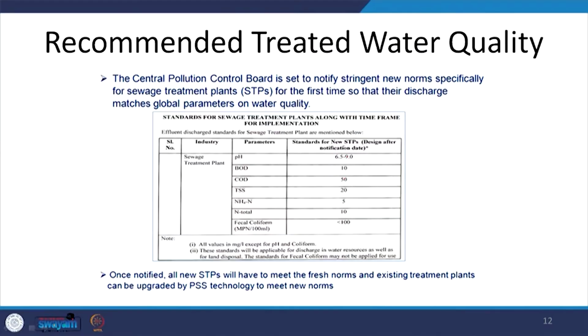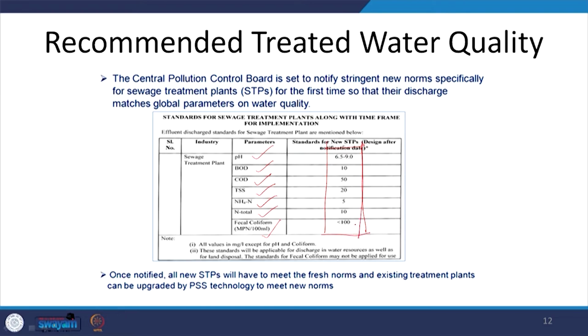So, CPCB clearly lists down these values of pH, BOD, COD, total suspended solids, NH4, the total nitrogen compounds and fecal coliform, which is calculated per 100 ml in most probable number. For each of these, CPCB has given the standards.